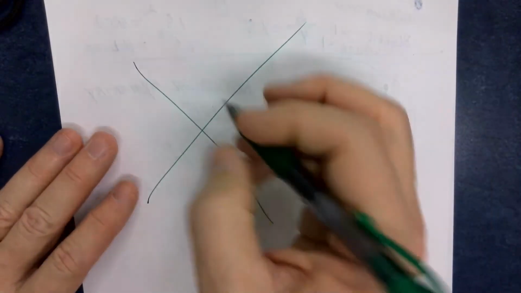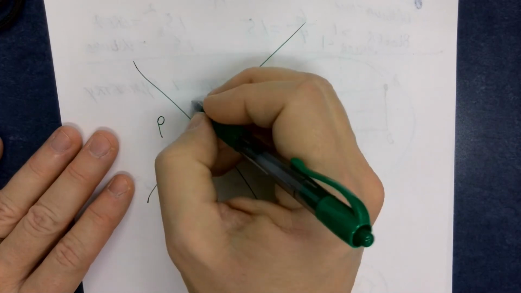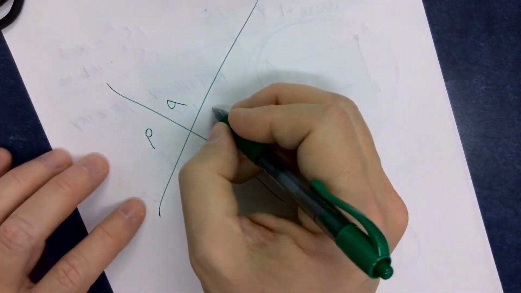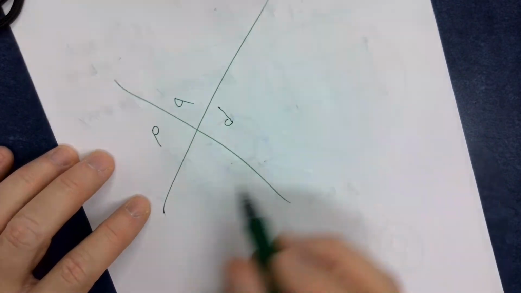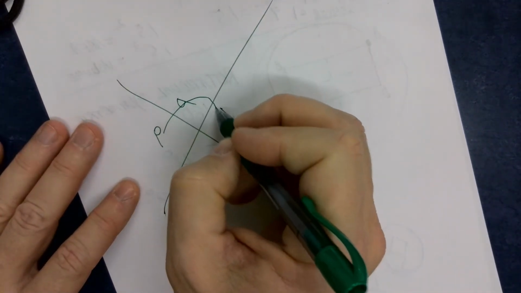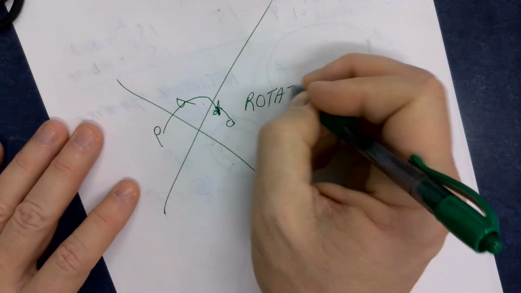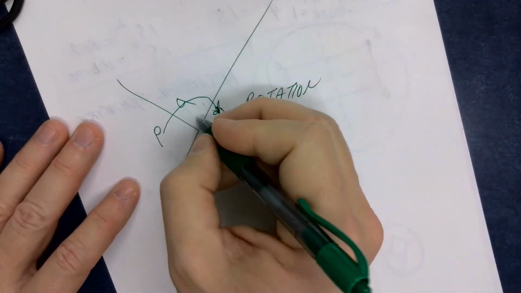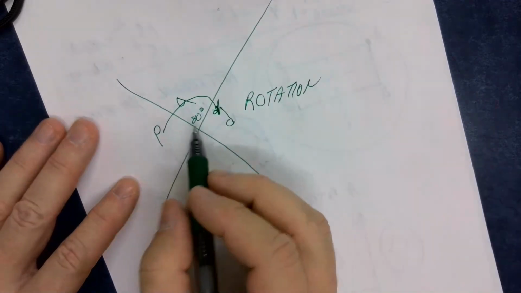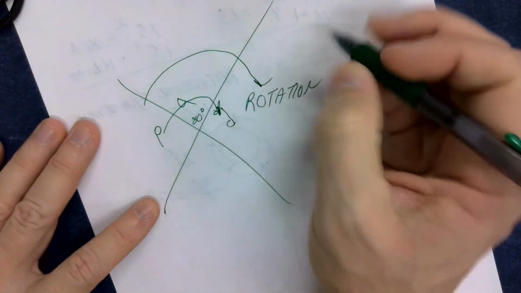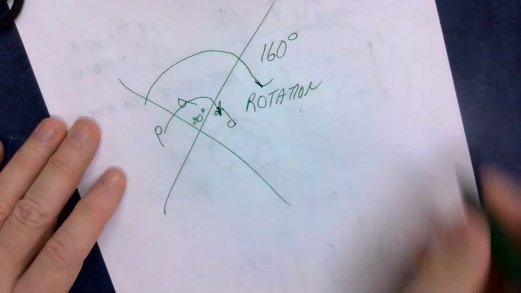And we know that if we were to do it over intersecting lines, and I reflected something over intersecting lines like this, the net result is a rotation. And if this is 80 degrees right here, 80 degrees between the intersecting lines, the rotation is actually going to be 160 degrees.